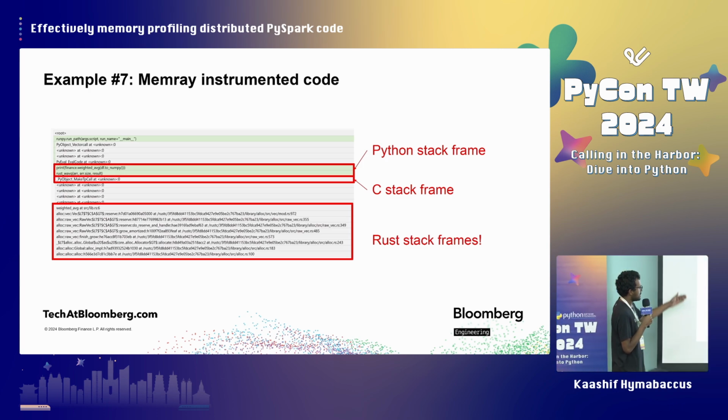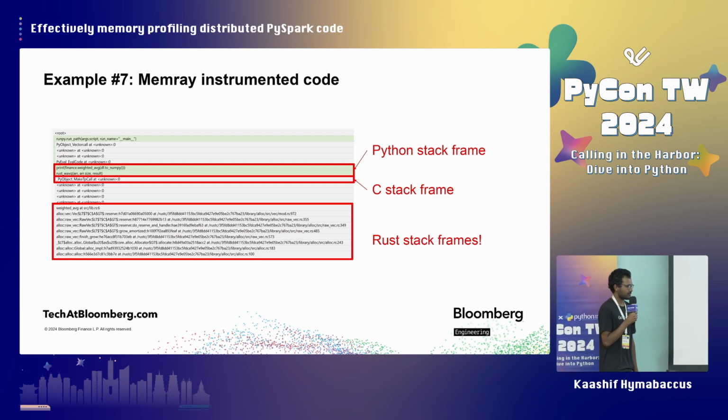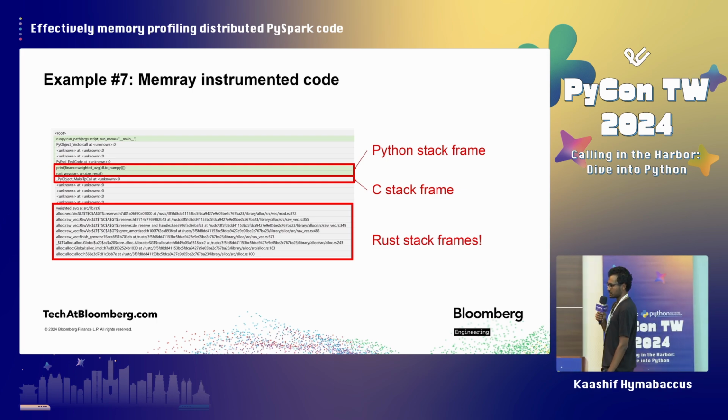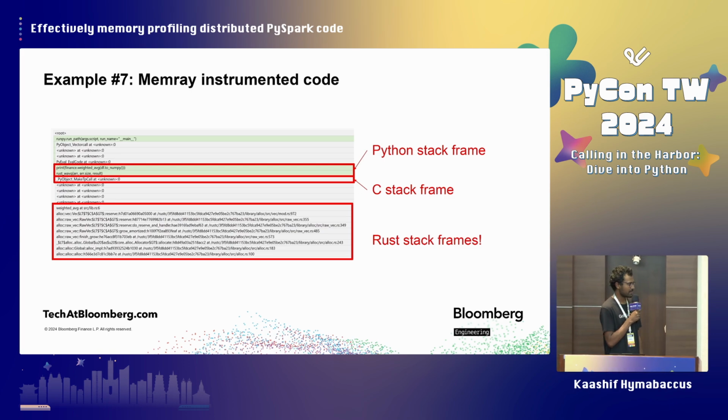A vector is a data structure in Rust that you can reserve memory for, and you'll notice that basically 100% of the memory usage is coming from that reserve call, and you can see that we're calling a bunch of allocation-related functions under that stack frame.